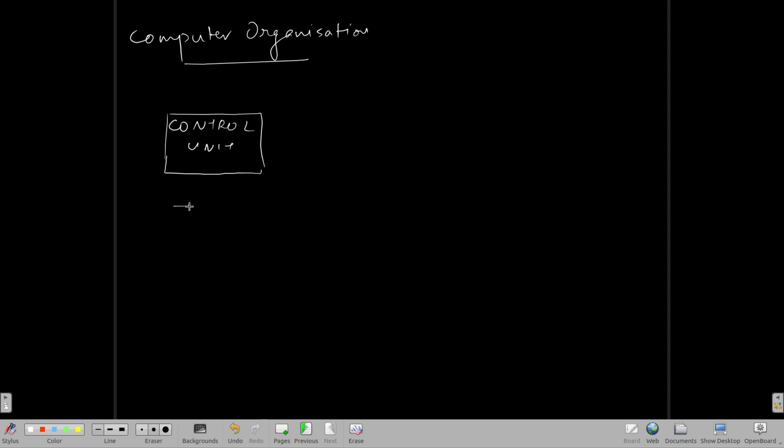Then we have the ALU, and we have the registers.